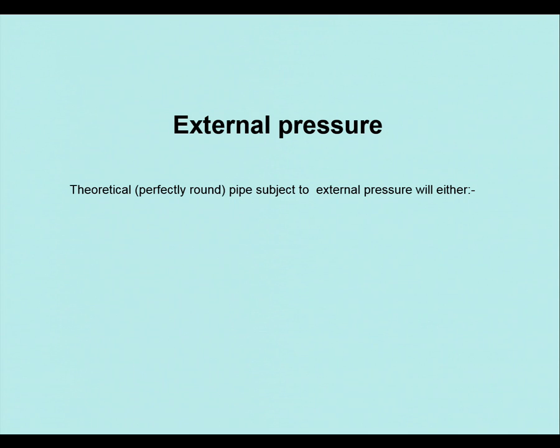So if I've now got pressure inside and outside, I've got to take the pressure inside from the outside, find the difference, and that will give me my resulting hoop stress. And if the pressure inside is higher than this, I'll always get a tensile hoop.